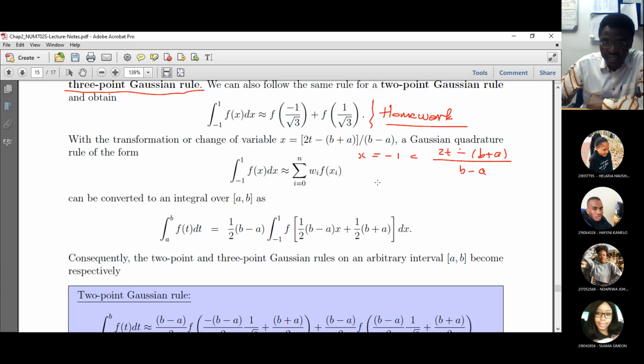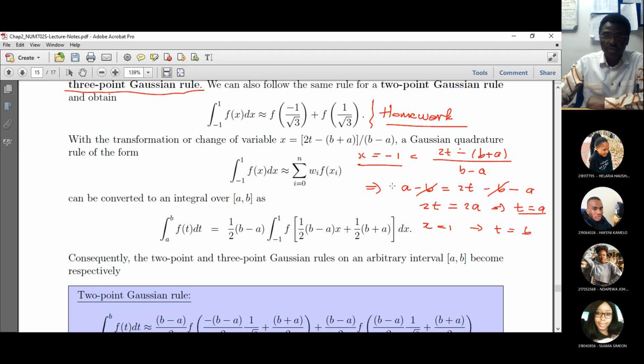Now, if you cross multiply, it gives you a minus b equal to 2t minus b minus a. Now you can see that minus b cancels. Take this to the other side. You have 2t equal to 2a, which implies that t is a. So if x is -1, t is a. Similarly, for x equal to 1, you find that t is b.